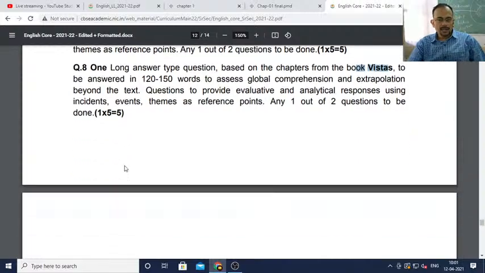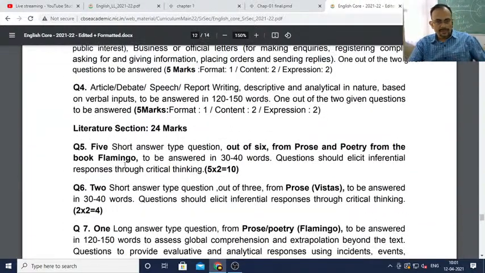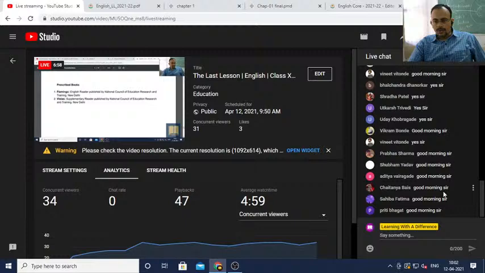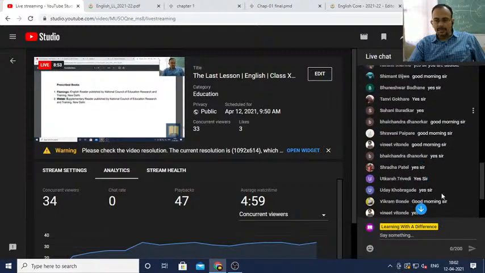Right. So that's all about the syllabus in brief, dear students. And as I told you, Flamingo is your textbook as well as Vistas. Okay. So till you get your printed book, you can go through the PDF of these 2 books, right?